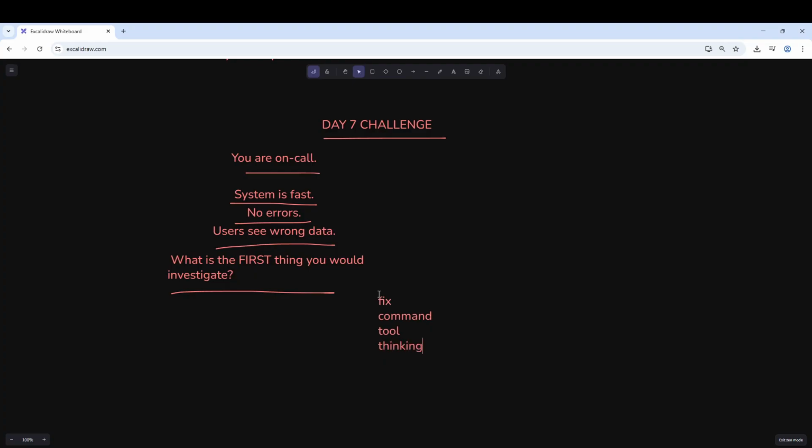You're thinking. There is no single correct answer here. This incident separates engineers who trust caches blindly from engineers who understand data contracts.